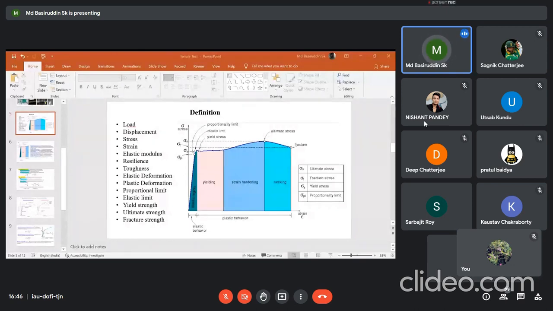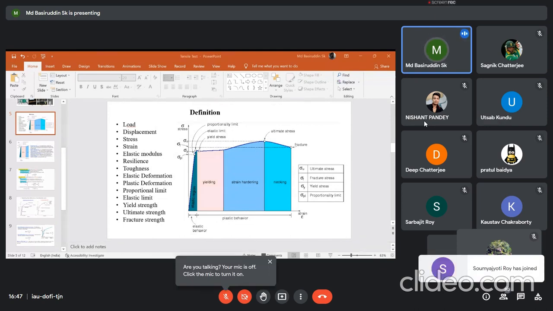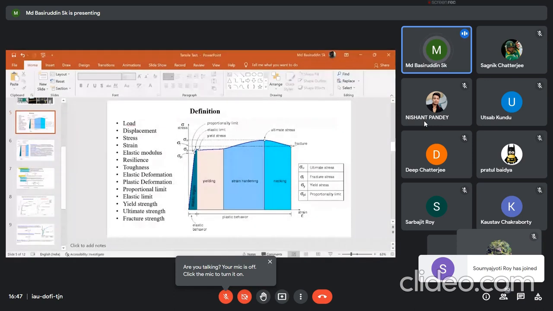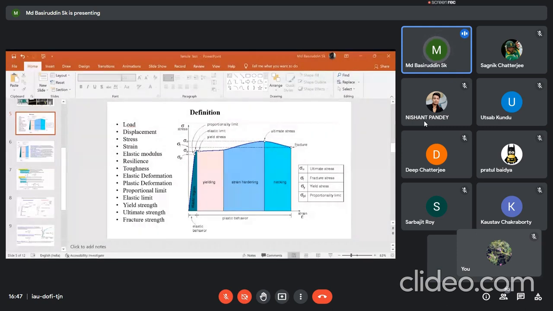Like in certain cases where tensile loading is applied on the material, then maybe necking will start. Okay, or maybe some notch-like regions will come into the picture, then stress concentrations will come into the picture.